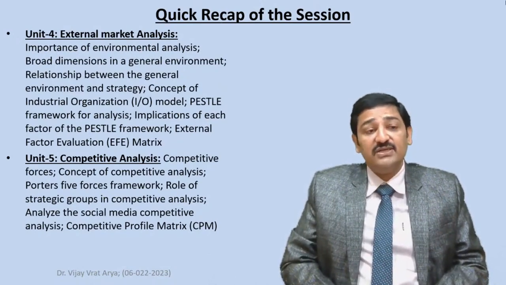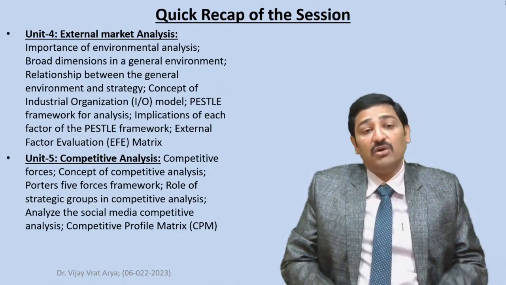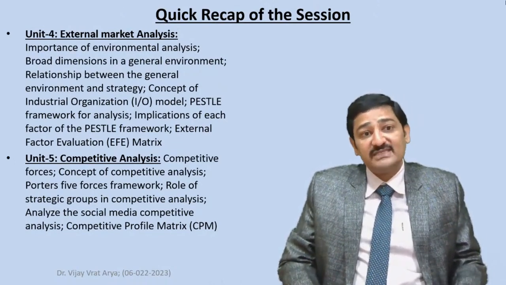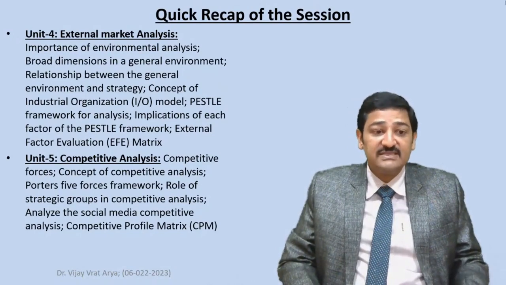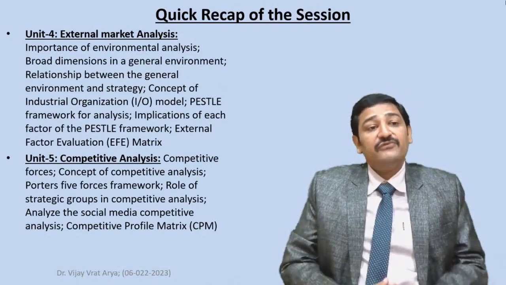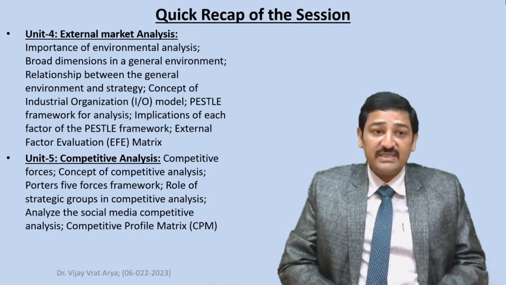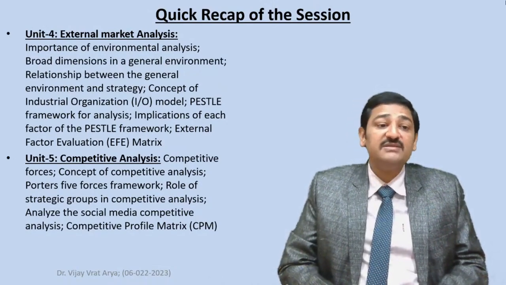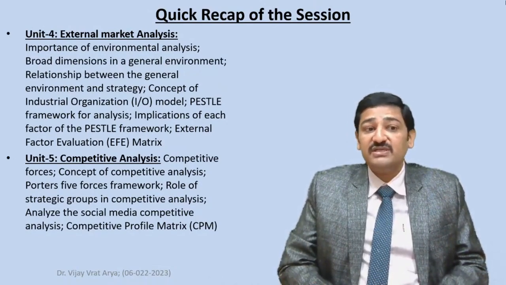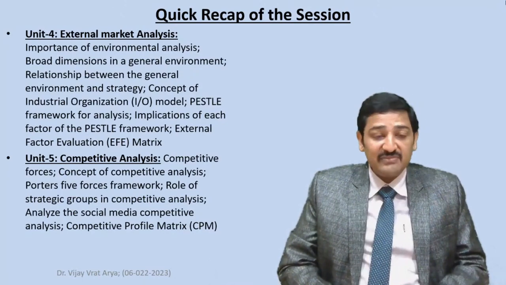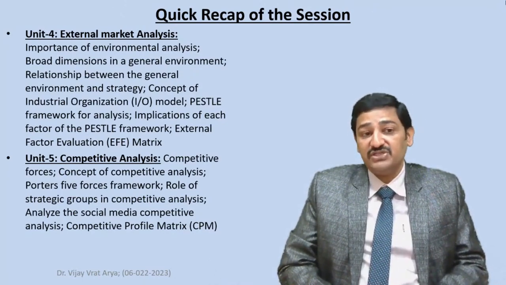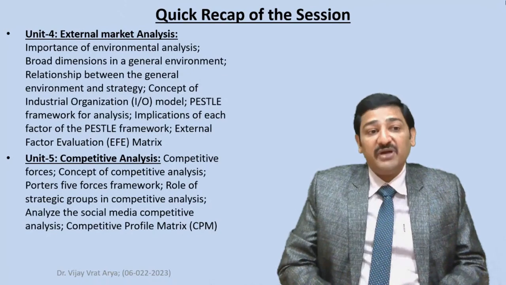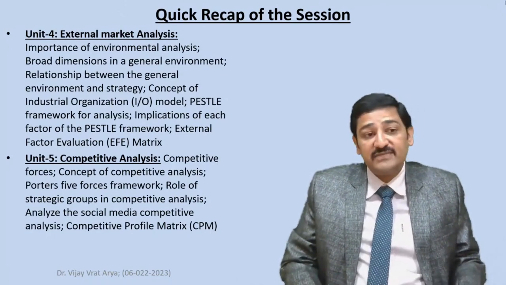So we have discussed two units of block number two, that is unit number four, external market analysis, and unit five, that is competitive analysis. In unit four, we discussed the importance of environmental analysis, the broad dimensions in a general environment, the relationship between the general environment and the strategy, to what extent the general environment helps the manager in defining or identifying the strategy. Apart from that, we also referred to the concept of the industrial organization model.